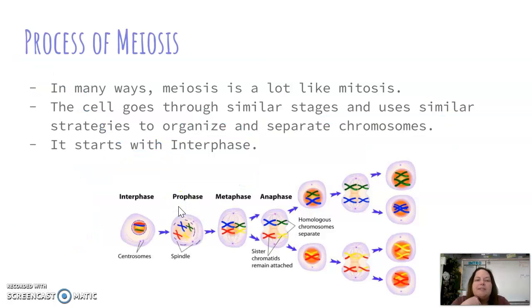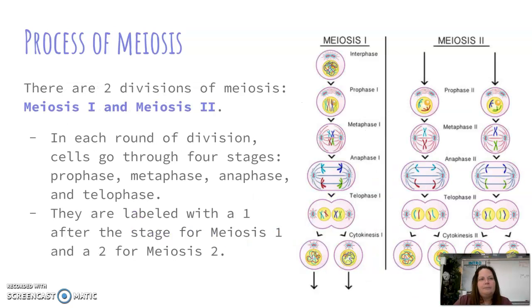All right, in many ways, meiosis is a lot like mitosis. Okay, the cells go through similar stages and use similar strategies to organize and separate the chromosomes. And it is important to note they both start with interphase. All right. The big difference is that meiosis actually goes through two sets of division.